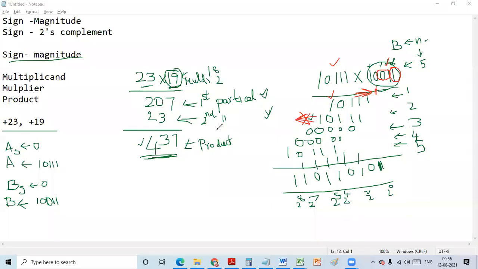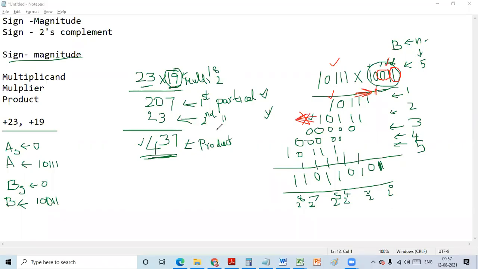If the bit is 1, the multiplicand is added to the accumulator, which was initially 0, and then it is shifted by 1 bit. If the bit is 0, the accumulator is shifted right by 1 bit without adding anything, because the multiplier bit is 0. You need not add the multiplicand to the accumulator.